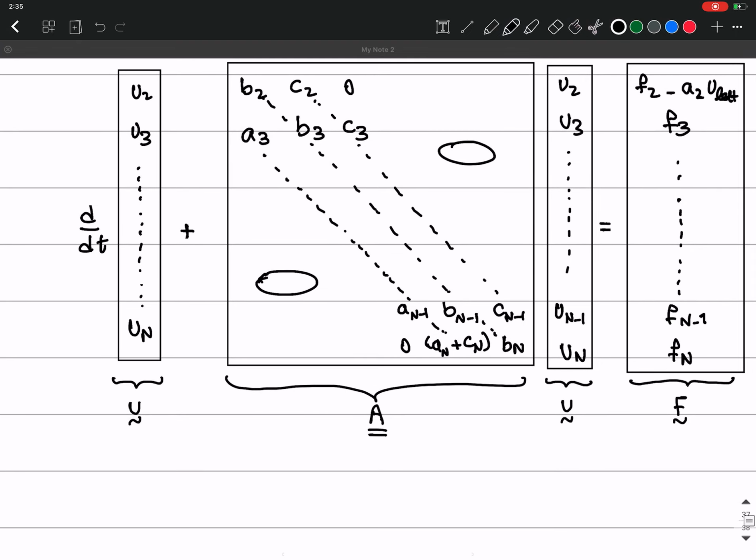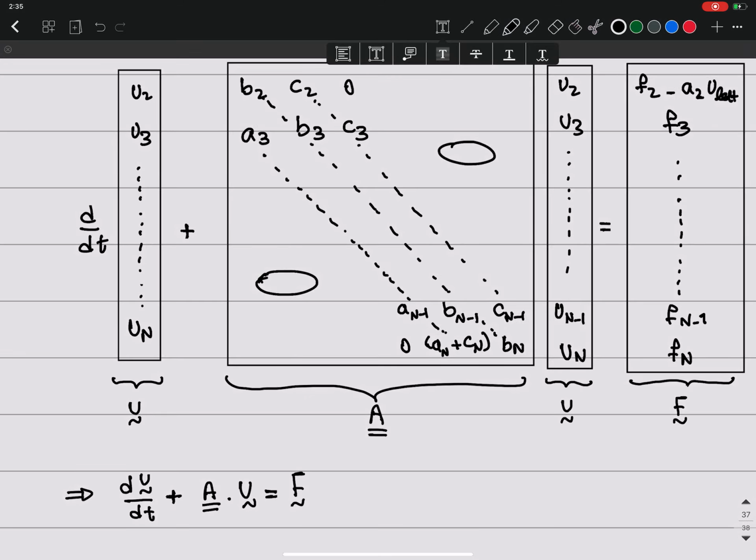And write the original equation that we had as this. The whole equation is going to be du over dt, the whole set of discretized equations, plus A times u equals to f. Okay.